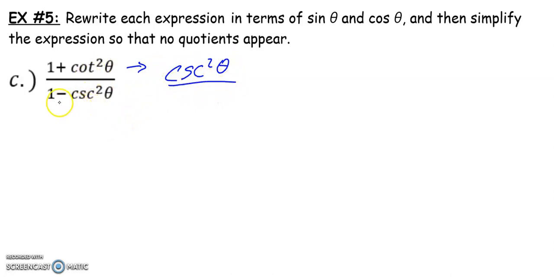And we have 1 minus cosecant squared theta. Well, if we mess around with our Pythagorean identities, what we get is cotangent squared theta. So I have cosecant squared theta over cotangent squared theta.